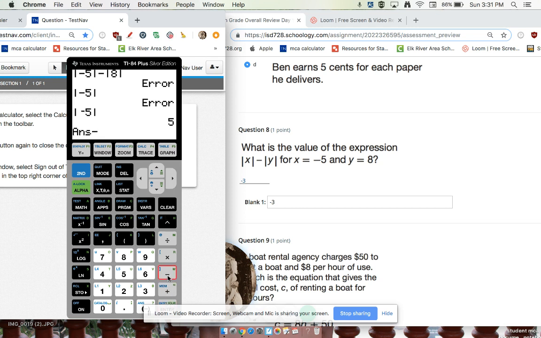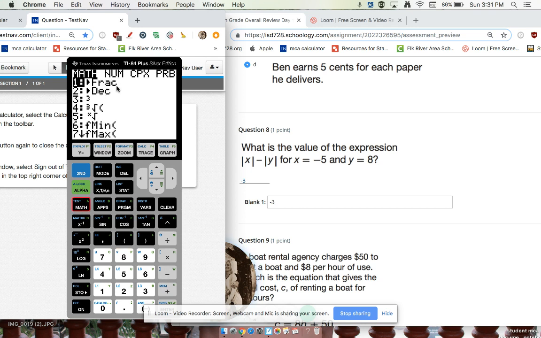And then you could say take away the absolute value of -8. Oh, I know what I did. I used my negative sign on my computer, which is like the minus sign. That's why it said syntax error.